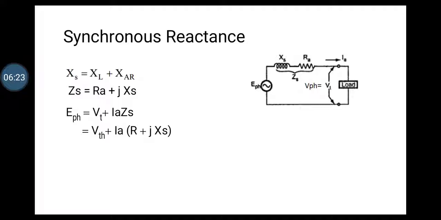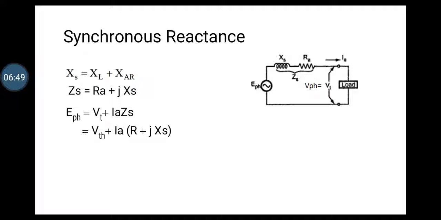Now we'll see about the synchronous reactance. As you know, the synchronous reactance is a fictitious reactance that is employed to account for a voltage effect, in this case a reduction of voltage. In an armature circuit, it accounts for the actual armature leakage reactance plus the change in air gap flux caused by the armature reaction.